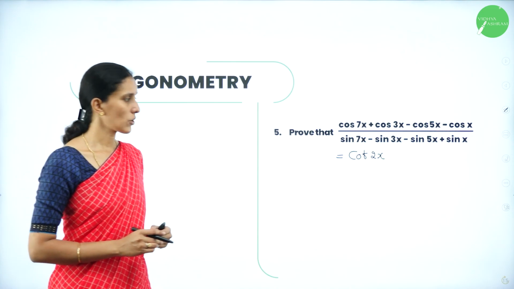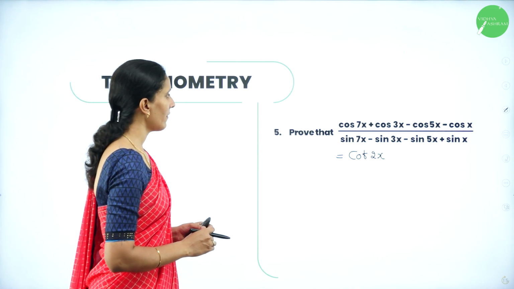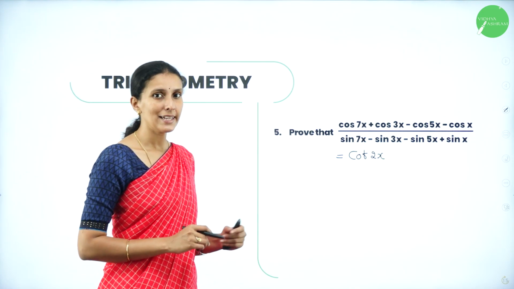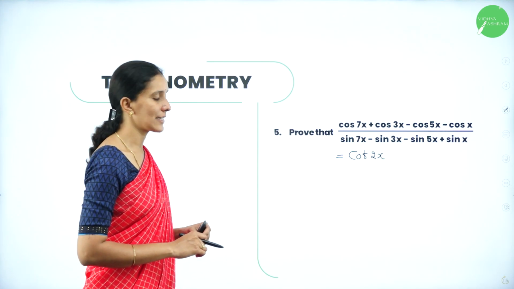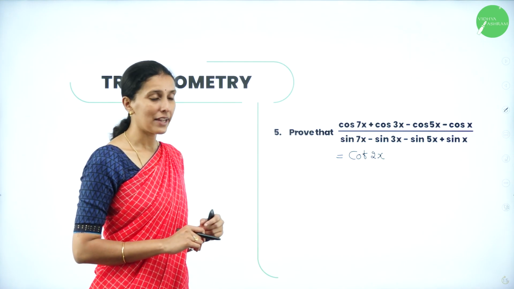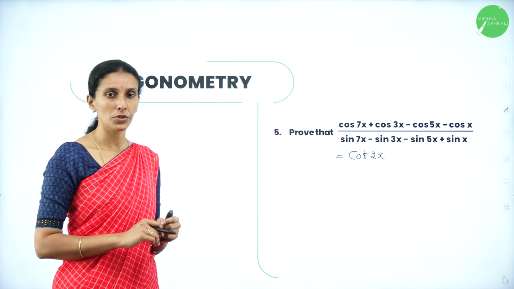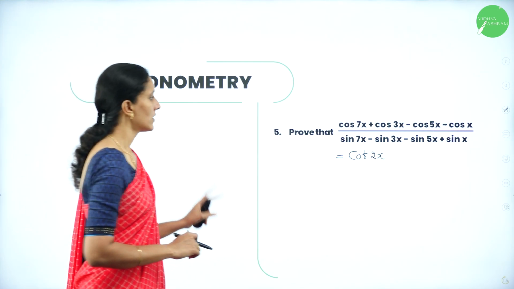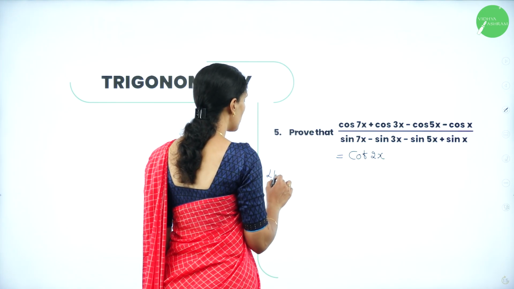So here is my next question. Prove that cos 7x plus cos 3x minus cos 5x minus cos x divided by sin 7x minus sin 3x minus sin 5x plus sin x is equal to cot 2x. So first consider the LHS part.